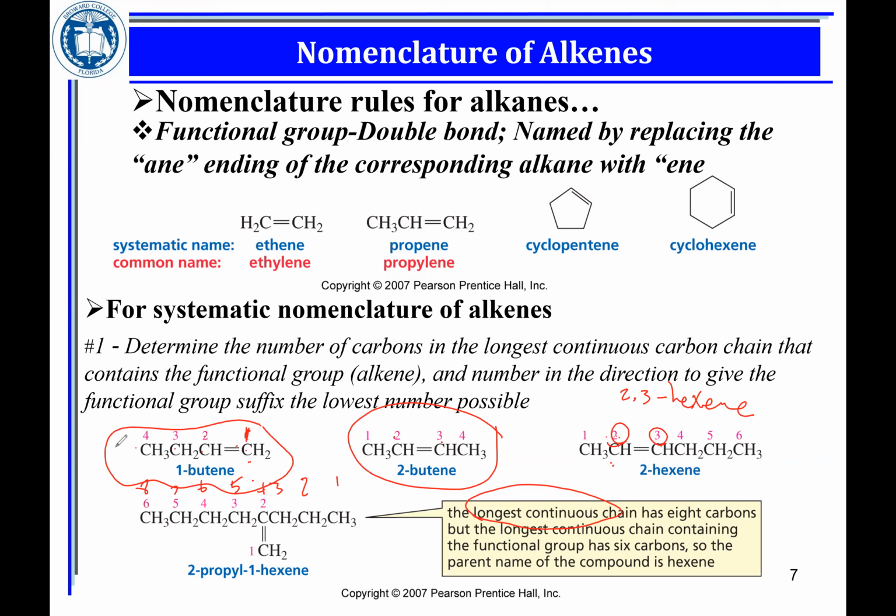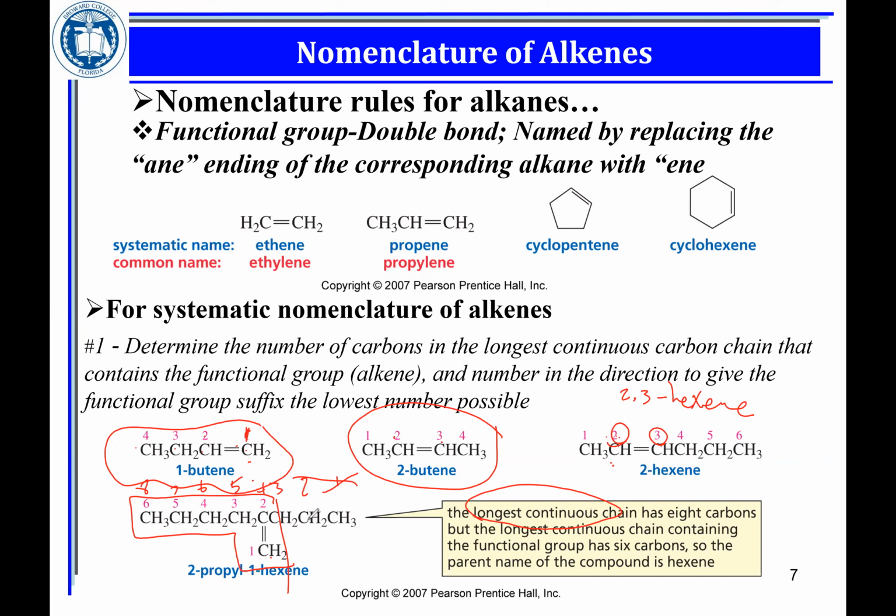Okay, so if you go from right to left, you end up with 8 carbon, but if you start from the CH2, you end up only with 6 carbon. What is correct is to make sure that the carbon-carbon double bond is included. So you have to start from the carbon with the double bond, the CH2.